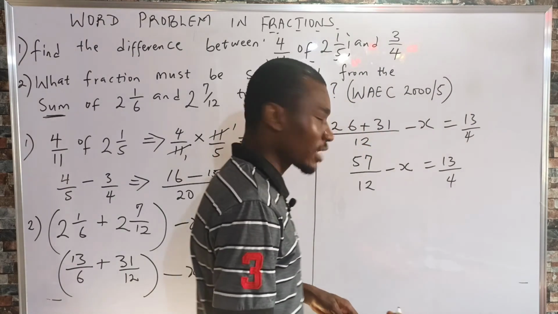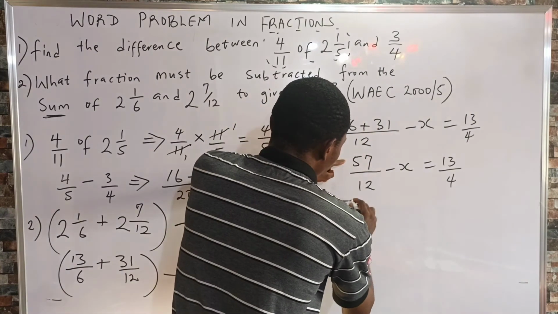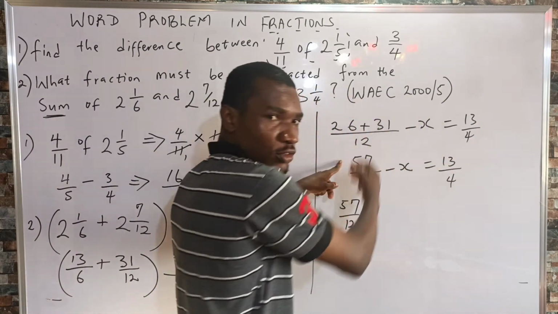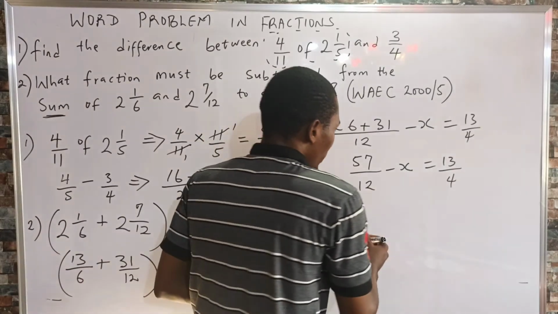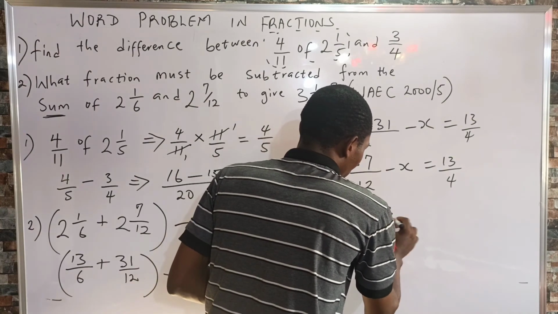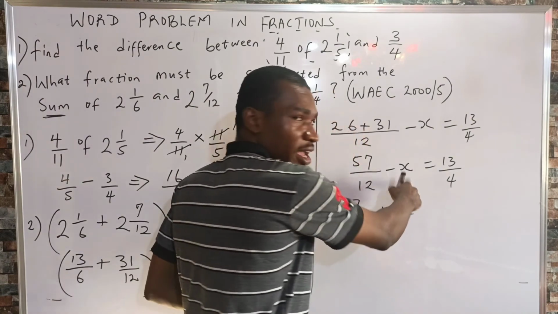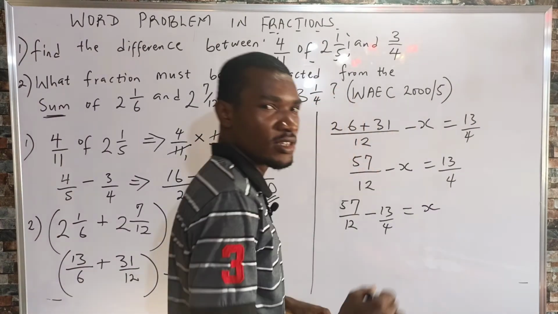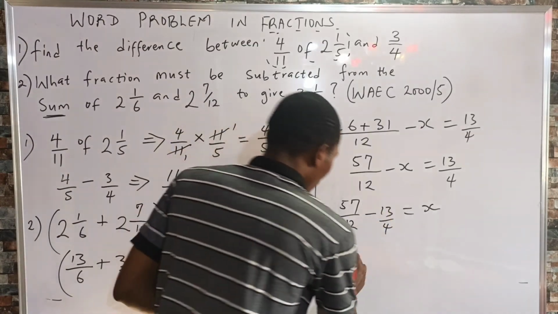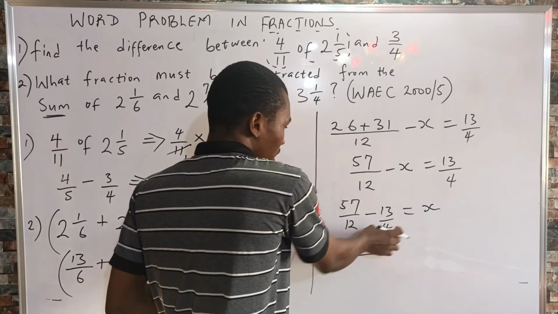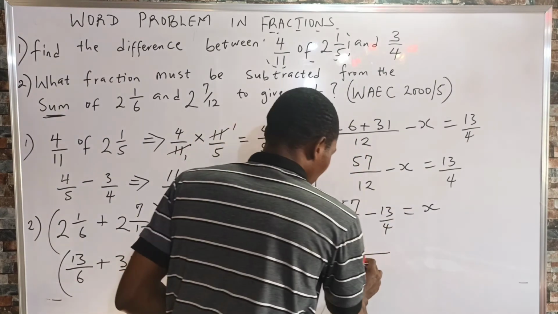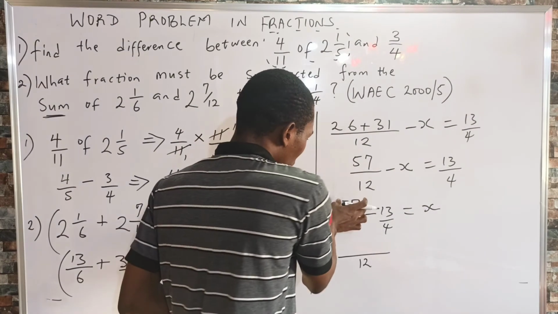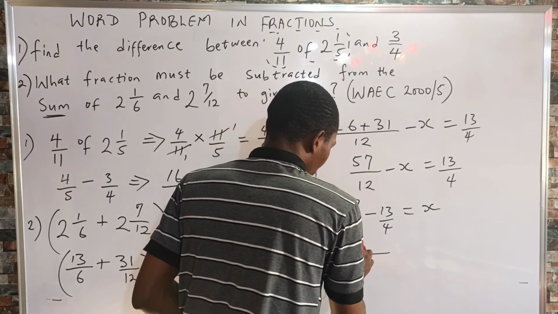Then when we collect like terms, we have 57 over 12, then 13 over 4 crossing over to the left hand side of the equation will change to negative 13 over 4, and negative x crossing over to the right hand side of the equation will change to positive x. Then when we find the LCM of 12 and 4, obviously it is 12, and 12 divided by 12 is 1, and 1 multiplied by 57 will still be 57.